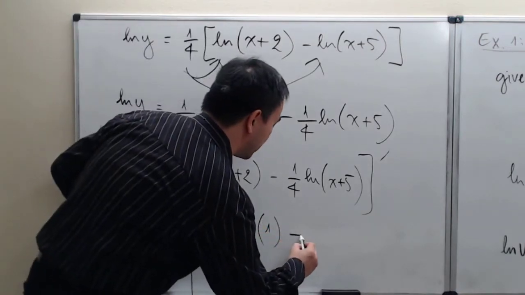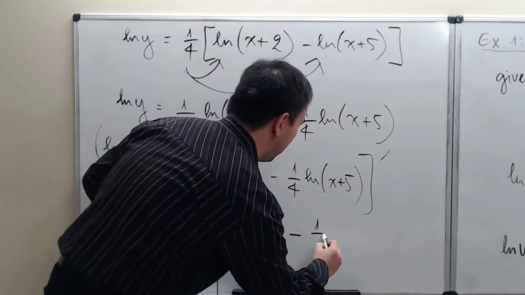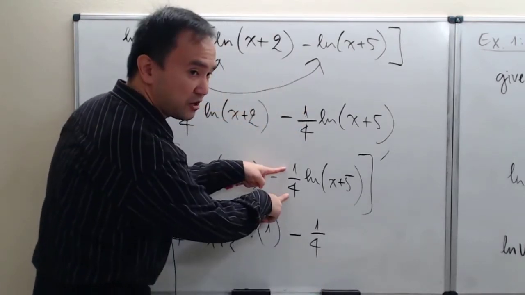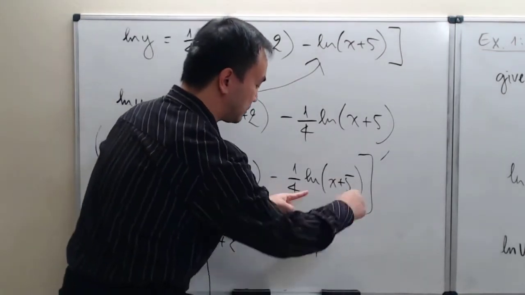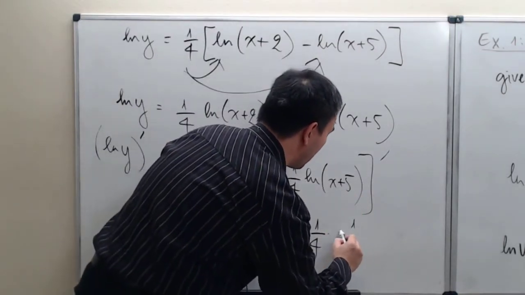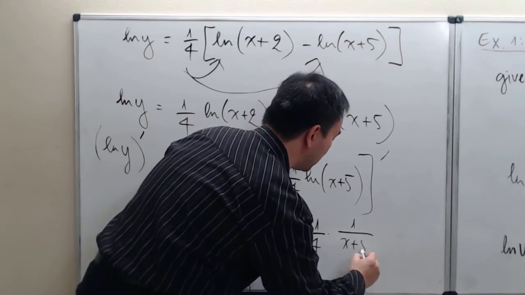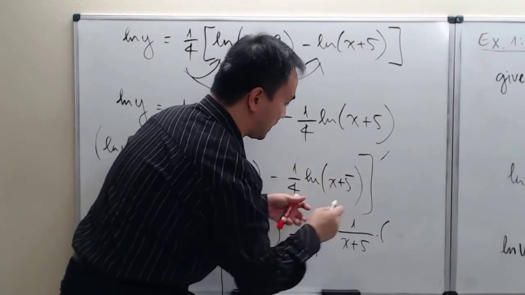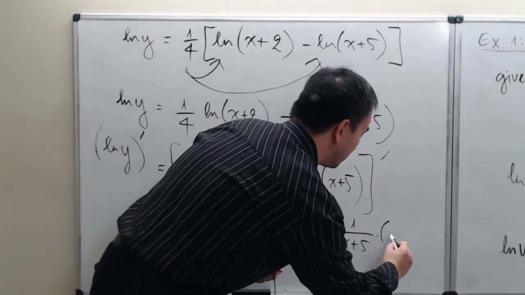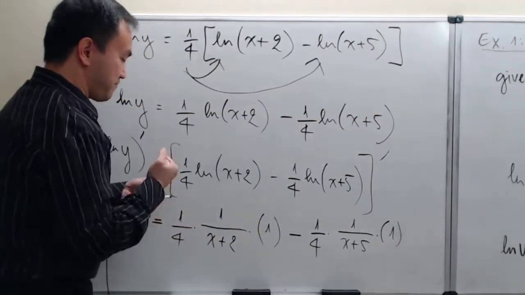And now I am going to subtract. The 1/4 came from the coefficient of the previous step, still there. The derivative of natural log of x plus 5 is going to be 1/(x plus 5), and with a little bit of chain rule, we need to multiply by the derivative of the inside, so multiply by 1.